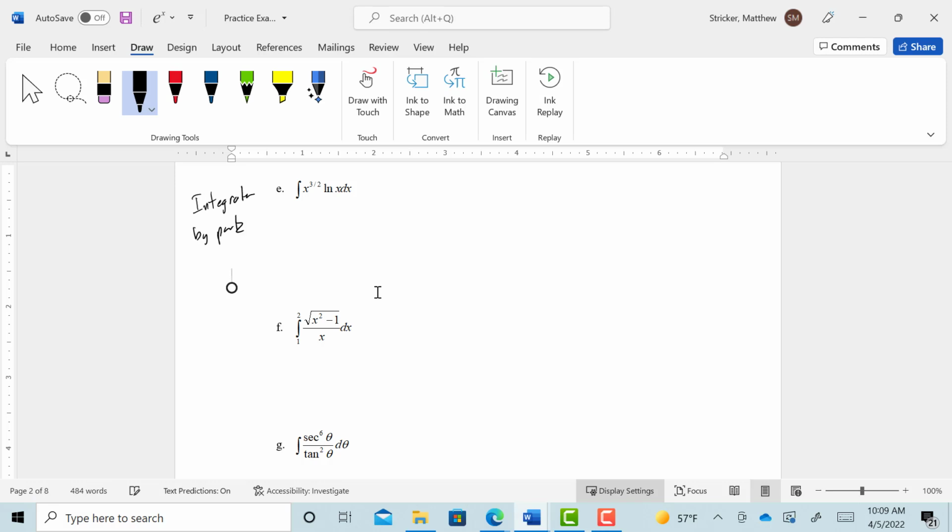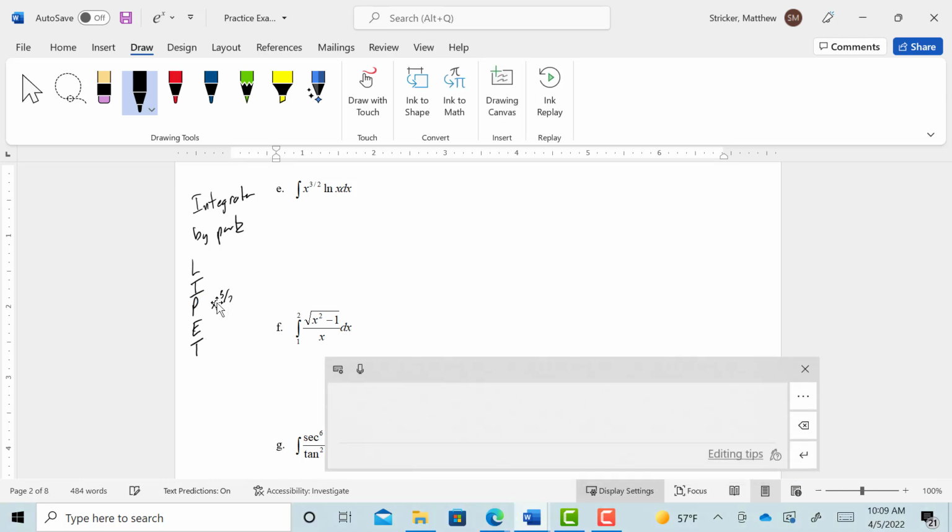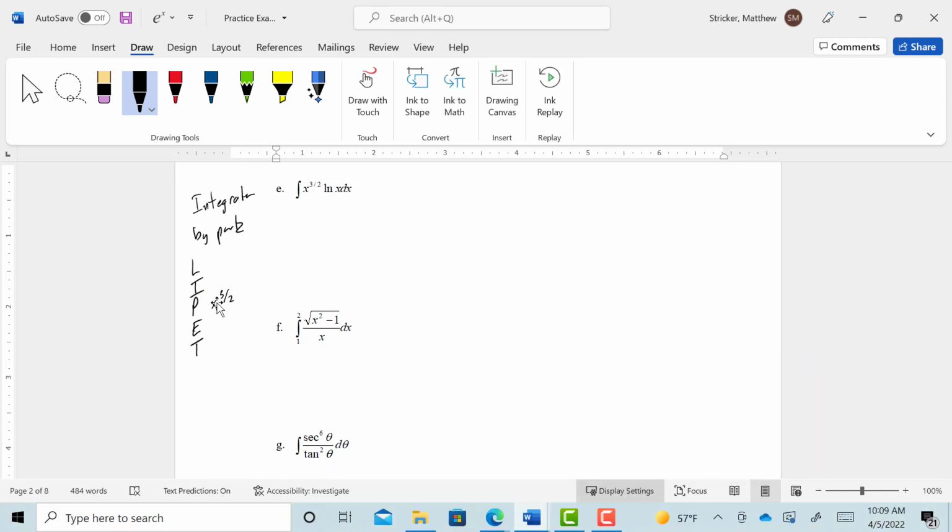And so we have, again, LIPET. Which one does x to the 3 halves fall under? Well, that's the polynomial one. So that's x to the 3 halves. And then we have natural log of x. That's our log one.